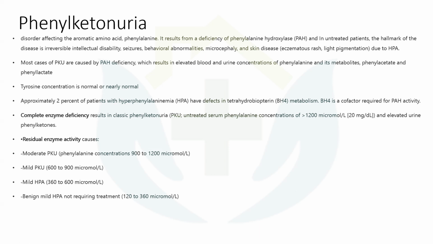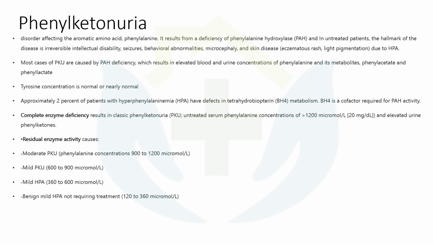So the next topic is phenylketonuria. This is basically a problem in the metabolism of the aromatic amino acid phenylalanine. Here also there is an enzyme deficiency, of phenylalanine hydroxylase. So this hydroxylase enzyme is deficient. If we don't treat this, what will happen?